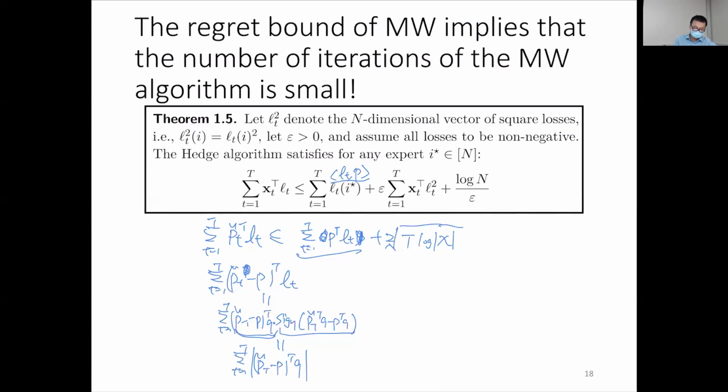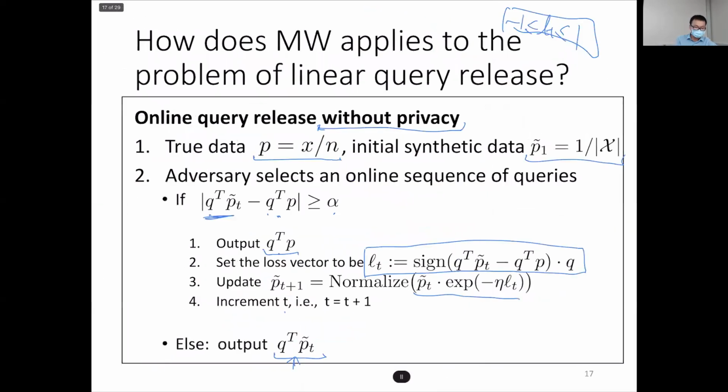So what this says is that the sum of error of my multiplicative weight update algorithm over the iterations is smaller than 2 square root of T log of cardinality of X. But when are we calling this algorithm? We're doing this kind of screening, where we only call this algorithm when the error is larger than alpha.